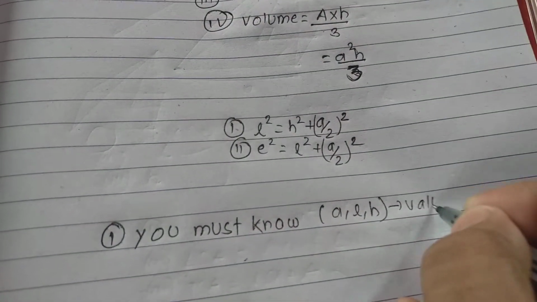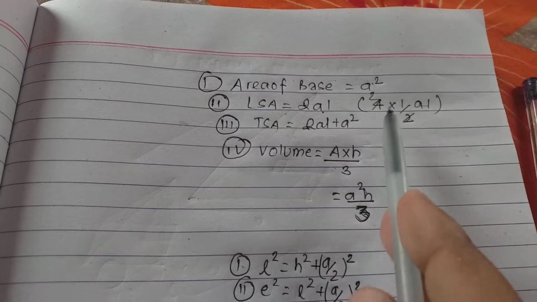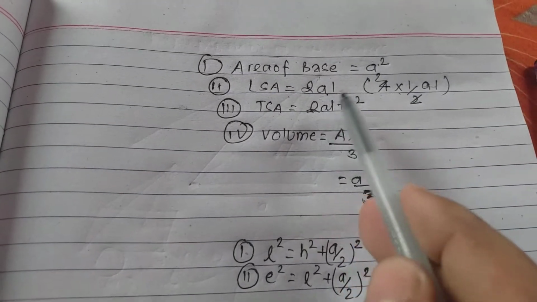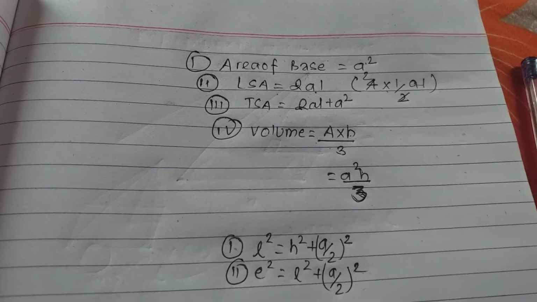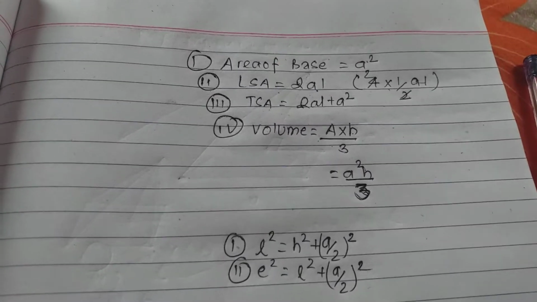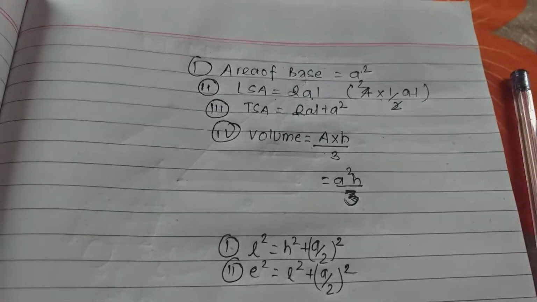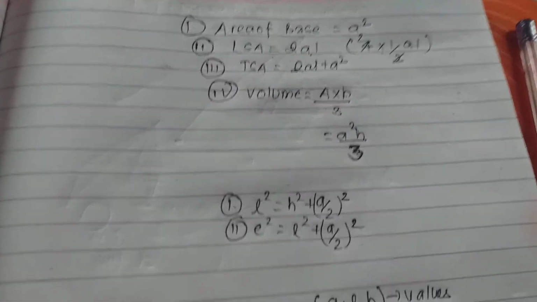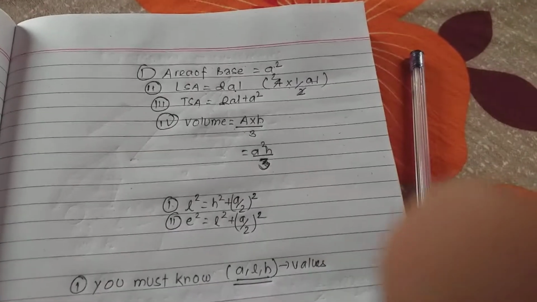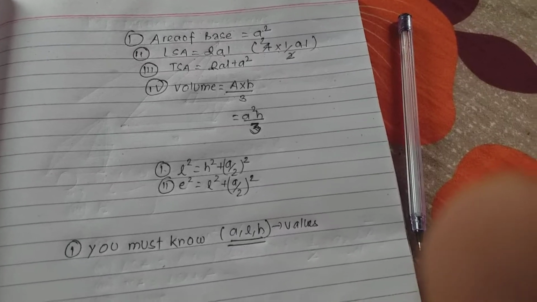You must know these values in order to find anything, because in every formula there is A, L, otherwise H. In every formula there is A, L, H, any one of them. Only if you know these three, then you can find each and everything, that is area of base, LSA, TSA and volume. Are you getting it? LSA, TSA and volume can be found if A, L, H is known.